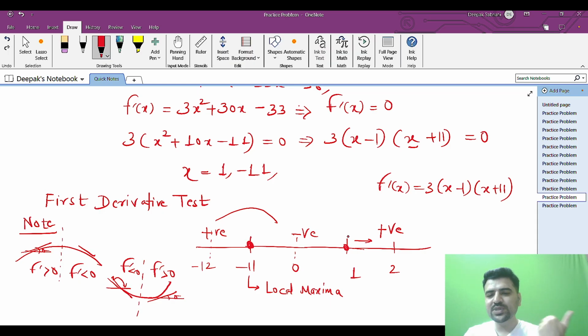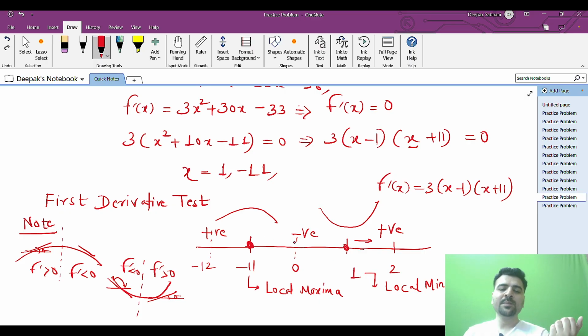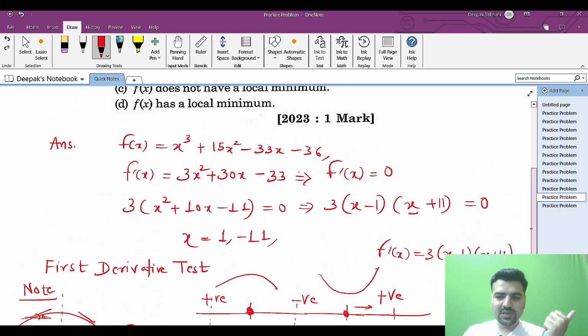And when the slope changes sign from negative to positive, it is a local minima. So this function has both a local maxima as well as a local minima.